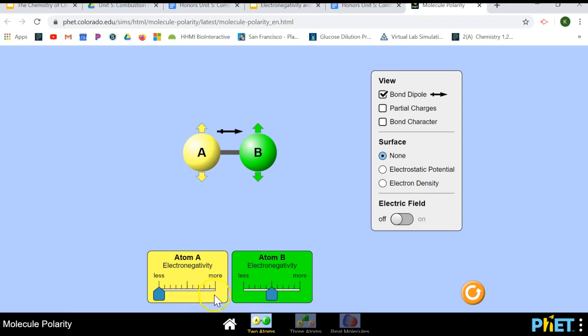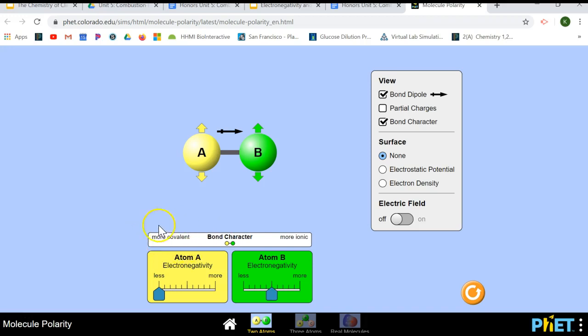So what you're going to do is click bond character. This bond character more or less tells you what is more likely to occur. Is the bond between these two going to be more ionic? Ionic meaning that it is going to be able to tear the electron away from one of those atoms and gain it for itself? Or is it going to be more covalent?